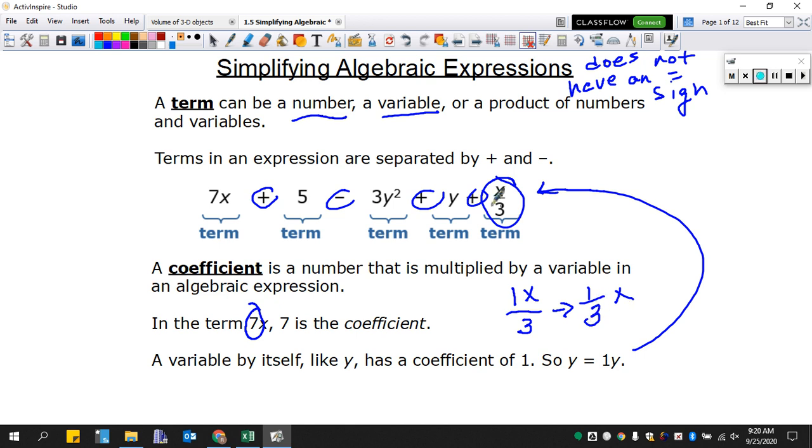So that's where multiplication is involved in the division problem here. So make sure that you understand these definitions. You understand what terms are. You understand what coefficients are, so that when I talk about a term or a coefficient, you know what I'm talking about.